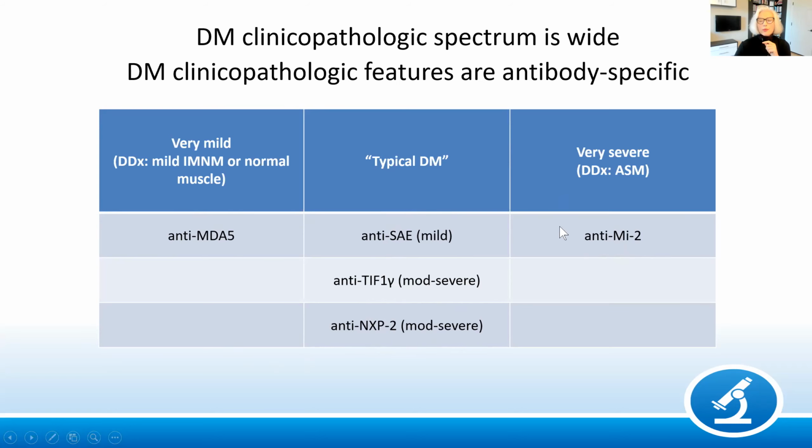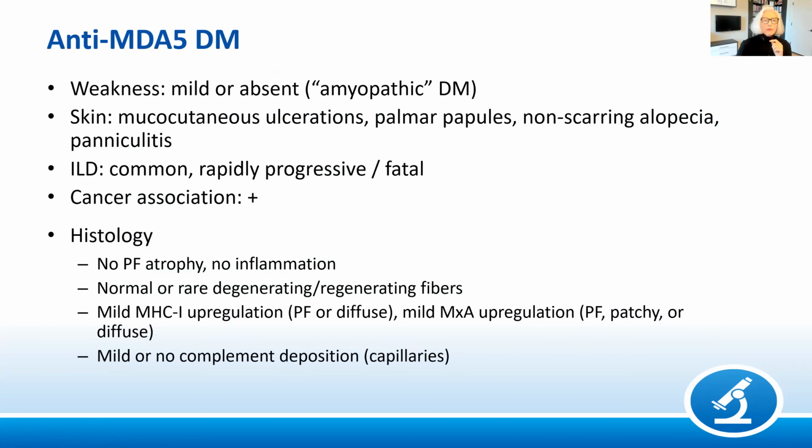So as I mentioned a few times already, the anti-MI2 looks a lot like antisynthetase syndrome-associated myositis, and anti-MDA5 actually looks like immune-mediated necrotizing myopathy or even normal muscle. So those can be quite difficult. But here we're going to briefly go over the categories, these 5 different antibodies and how they differ. So anti-MDA5, when we look at the muscle, you might think, oh, this is a very mild disease.